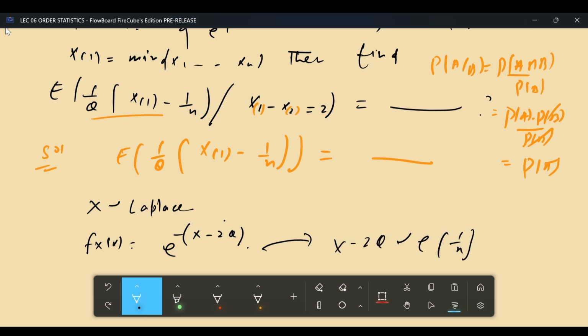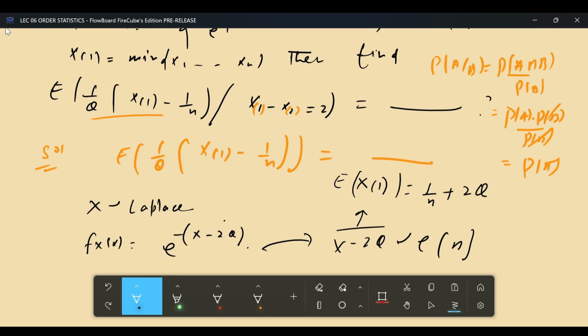So x1 will follow exponential n plus 2 theta, that is, x1 minus 2 theta follows exponential with mean 1 upon n.